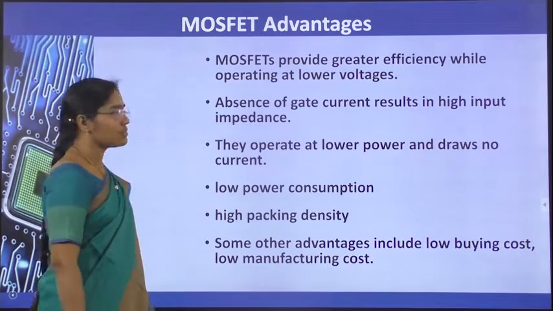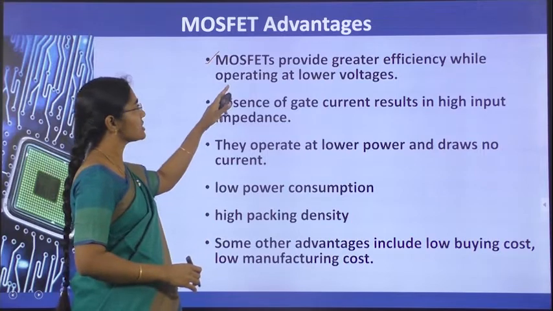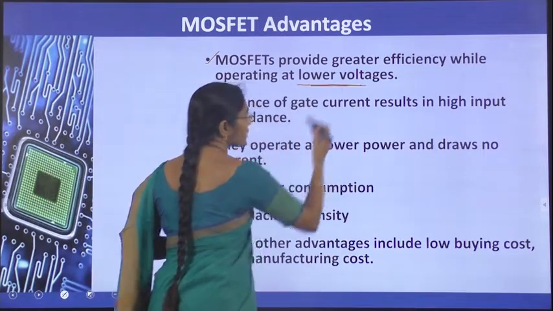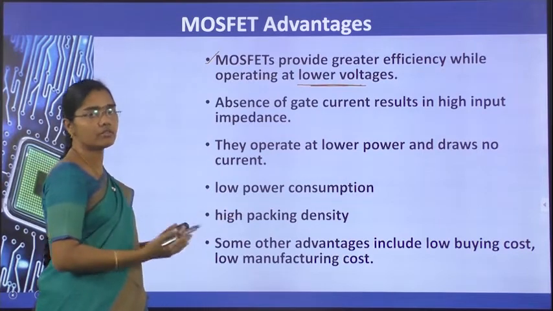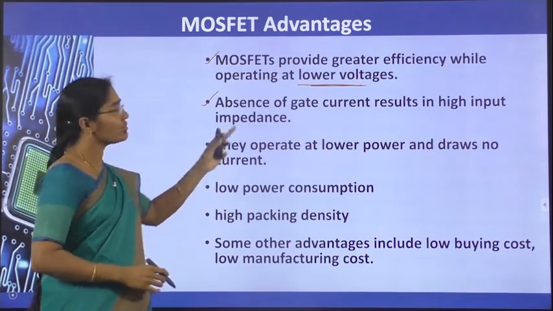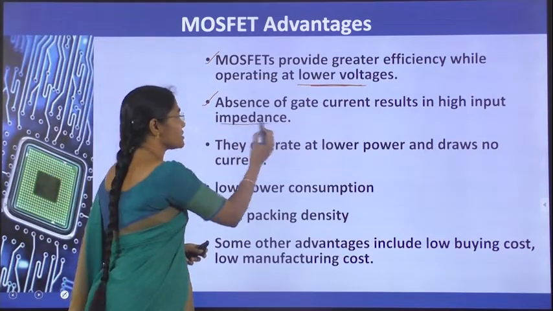The advantages of MOSFET are, MOSFETs provide greater efficiency while operating at lower voltages. So it can operate with lower voltages and it will give greater efficiency. And the absence of gate current results in high input impedance.